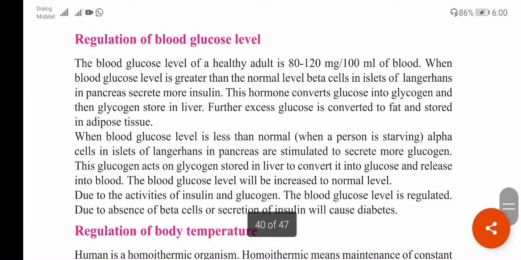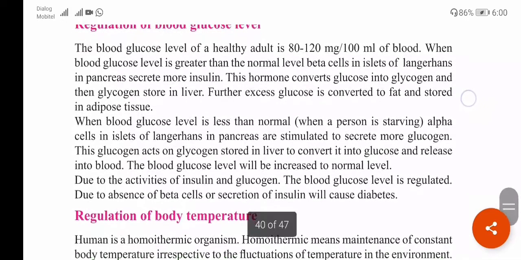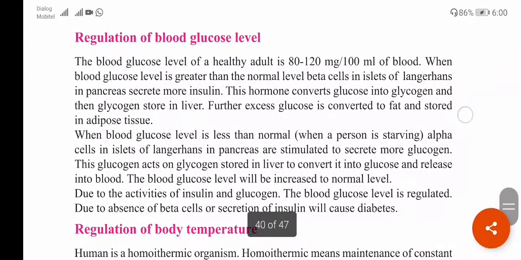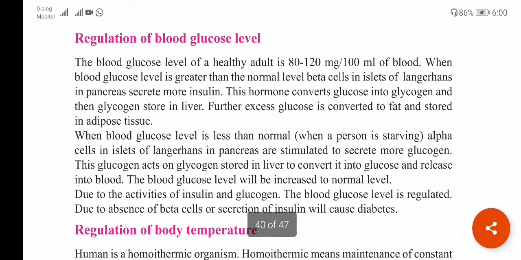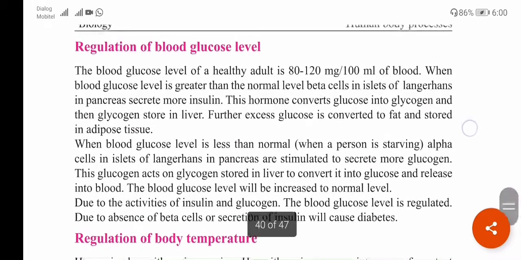The beta cells in the islets of Langerhans are responsible for secreting insulin, and alpha cells are responsible for secreting the hormone glucagon. So there are two hormones secreted in the pancreas, insulin and glucagon.